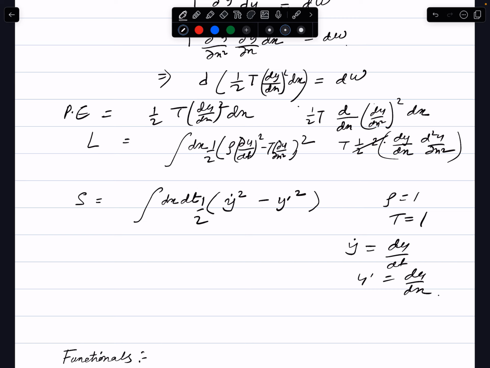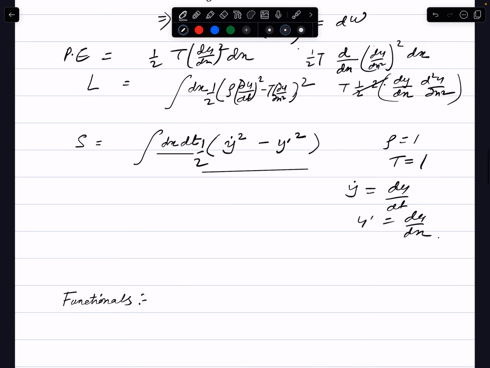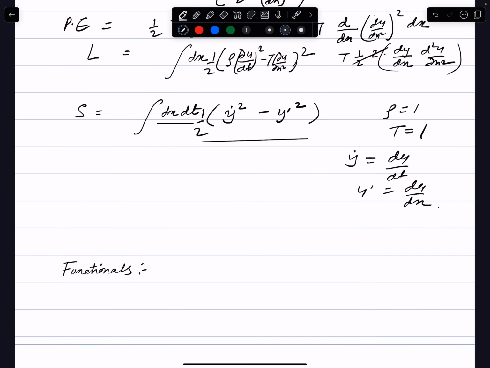Now what is interesting about this action is that there is a kind of symmetry, or the status of space and time are the same here. You see there is an integral over dx and dt. Both are being integrated in the total action, and there is a derivative with respect to time appearing and a derivative with respect to space also appearing. This happened because space, or x, is now no longer a variable.